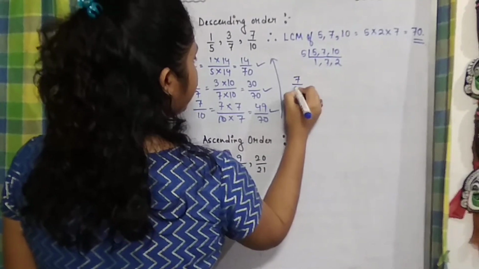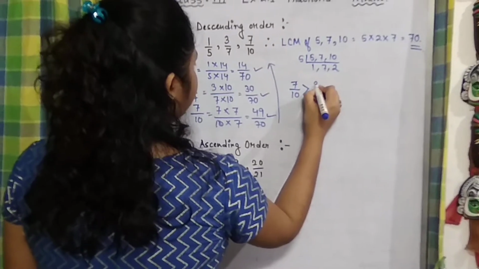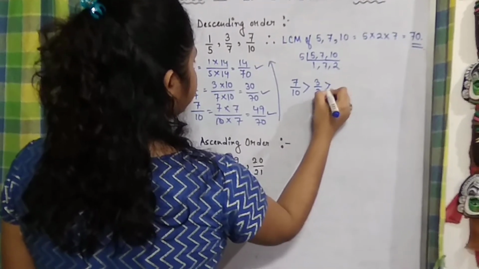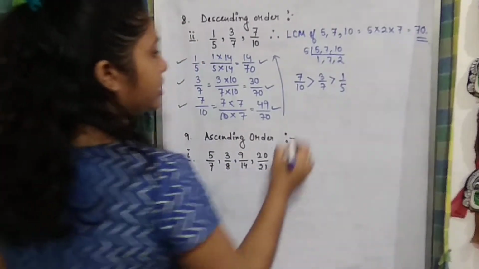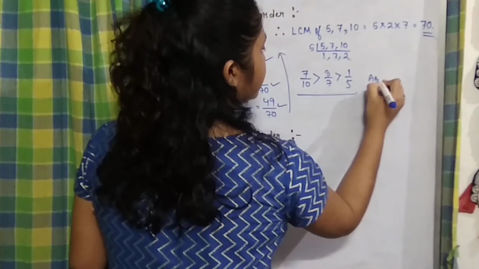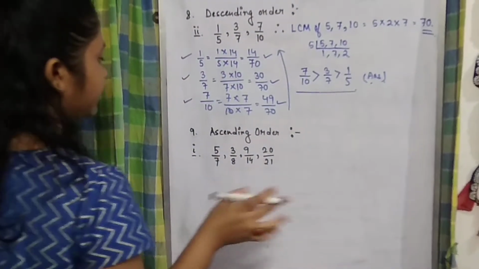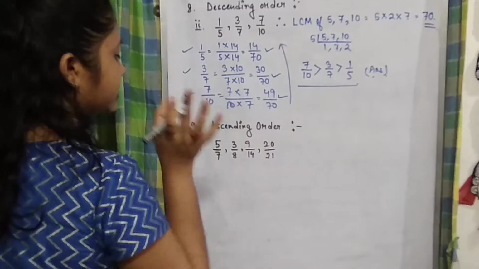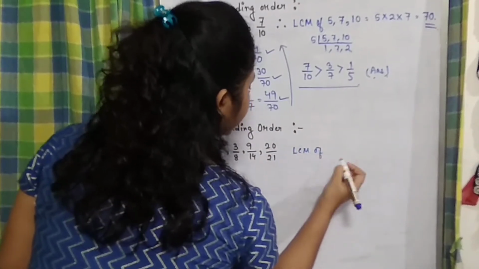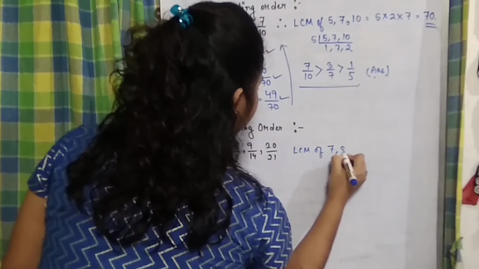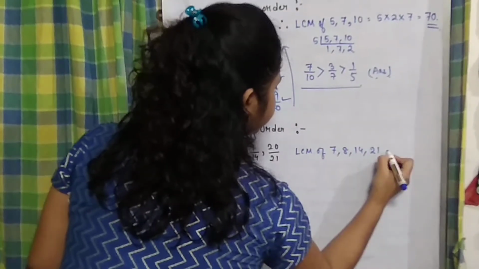So 7 by 10 is largest, then 3 by 7, then followed by 1 by 5. So this is the descending order. Now we are going to follow the similar method for the ascending order also. I hope all of you can do it easily by now. Let's do it once again together.